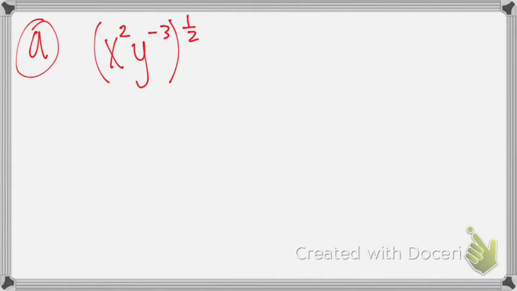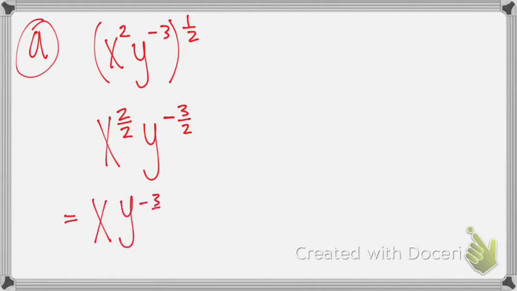So here we use the power rule. So we just simply say x 2 over 2 and y negative 3 over 2. All right, well, we know that x 2 over 2 is the same thing as an x. And this is y negative 3 over 2. But can I have a negative?